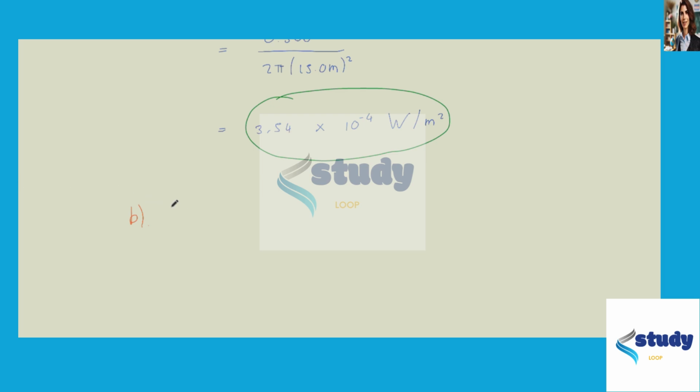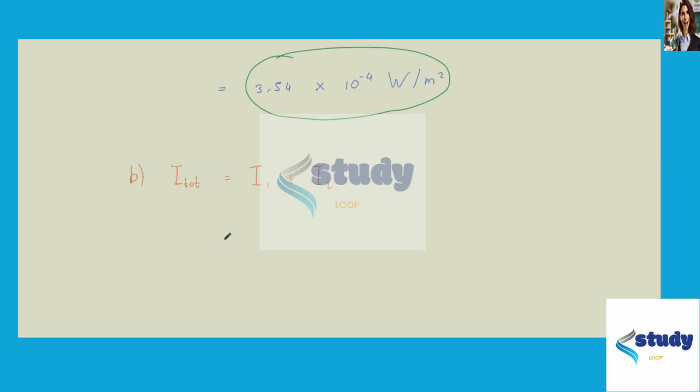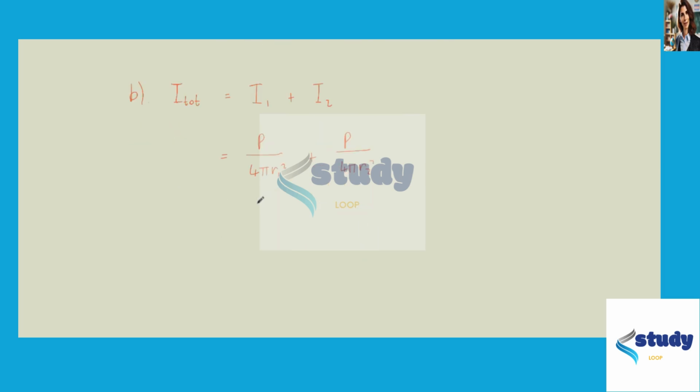So his sound intensity now, his total sound intensity, remember, is just the sum of the intensities of each speaker, I1 plus I2, which is the sound power over 4 pi R1 squared plus the sound power from the second speaker, which is the same, over 4 pi R2 squared, where R1 and R2 are his distances from speaker 1 and speaker 2 respectively.